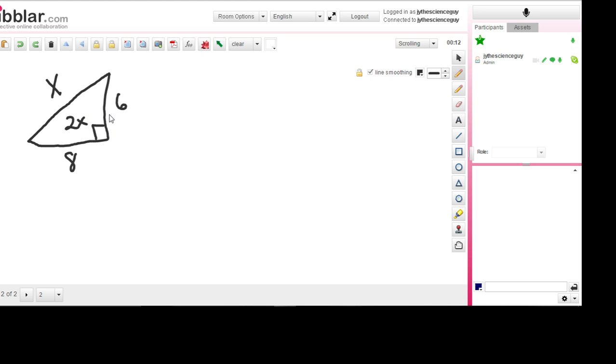Because all the numbers I'm going to multiply by 2. So if I divide this number by 2, what number does that become? 3. What number does that become? 4. And remember, the triple is 3, 4, 5. Right? Yeah. So that's the side I don't have. So I take 5 times 2, and it gives me what x is. Oh, okay. So what's x? 10. That's how you use it.